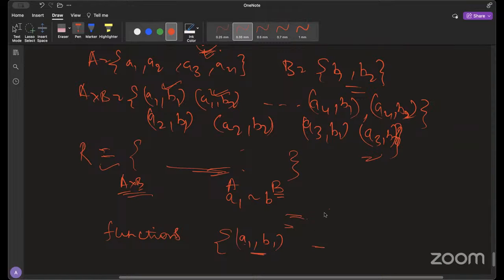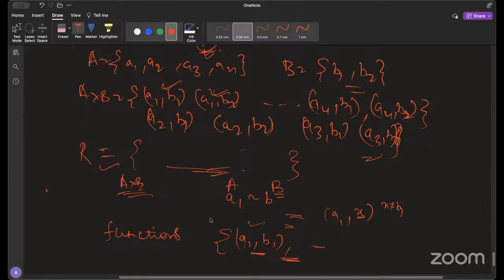So if there's another element A1 and there is something different here, let's just say there's X where X is not equal to B1, it shouldn't be in this set, because that's how you define a function. Every point should have only one image. It should not have two images. If you have A1, B1 and A1, let's say B2 here, then you'll have two images of A1, B1 and B2. So that's one restriction here.